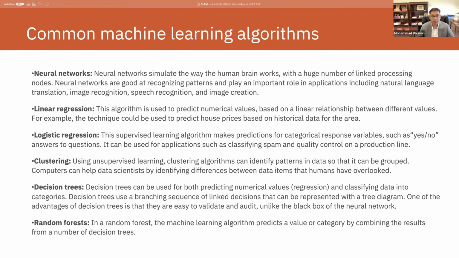They are very popular, but some of them are very difficult to explain. Neural network: what a neural network does is work like a brain. In our brain, it creates some nodes and tries to link up with those nodes. Neural networks are very good for recognizing patterns and have important applications, including language processing, image segmentation, speech recognition, and image creation.